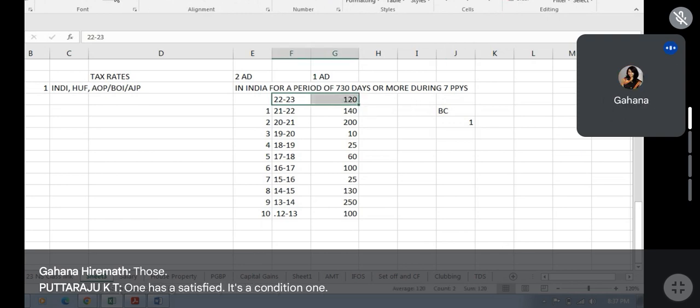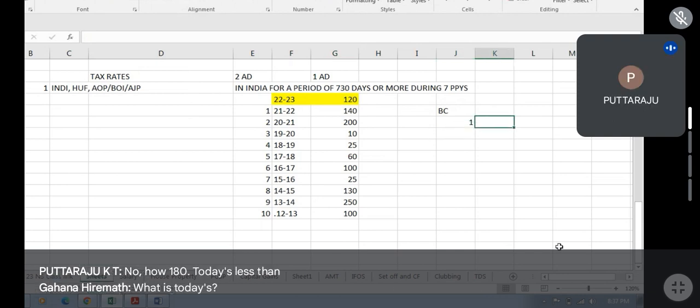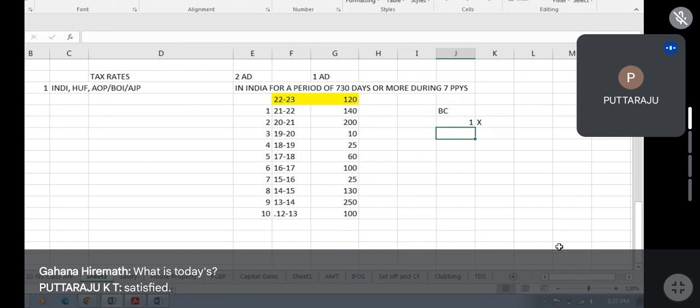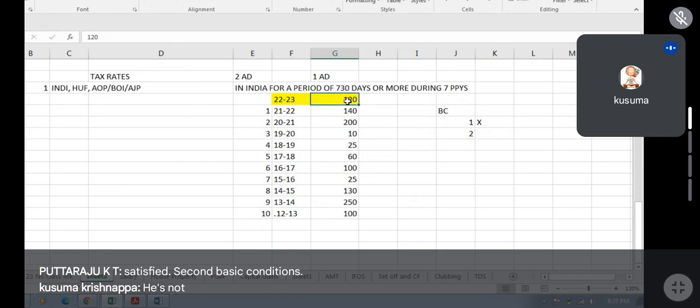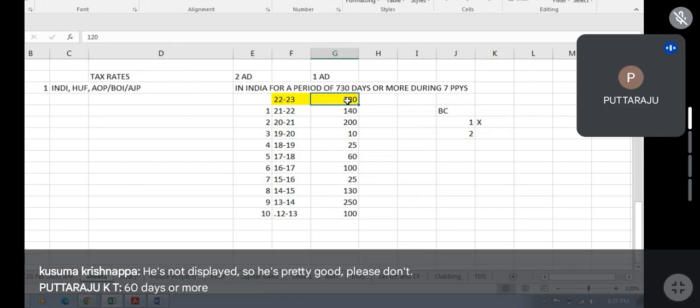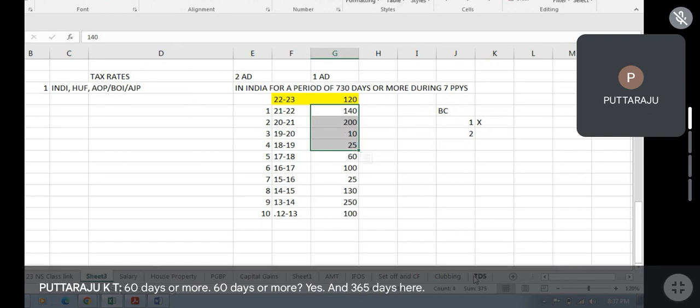No, sir, because it is less than 182 days. Not satisfied. Second basic condition: he satisfies, he stayed for 60 days or more, and with 365 days here it comes to 375 days. He satisfies the second basic condition.